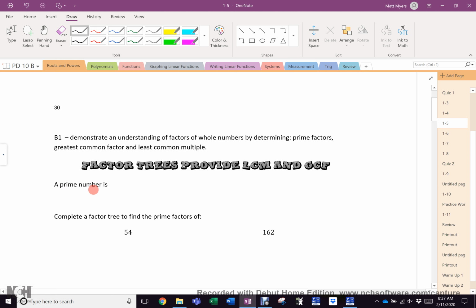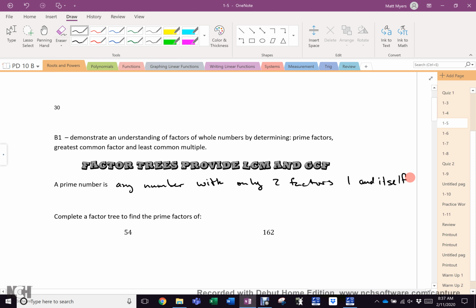So a prime number, we've already said, Ethan has told us, is any number with only two factors, 1 and itself. Right? We already know what that is.